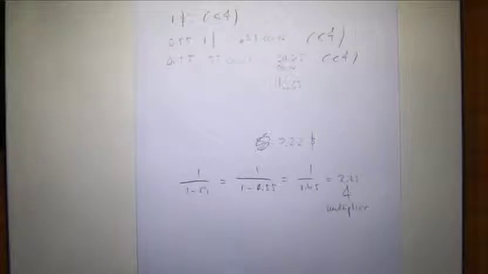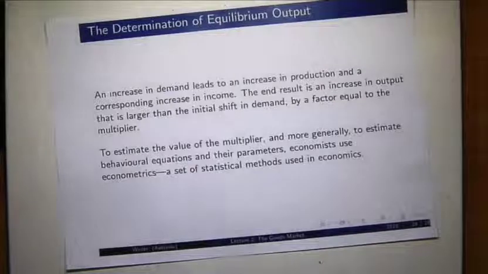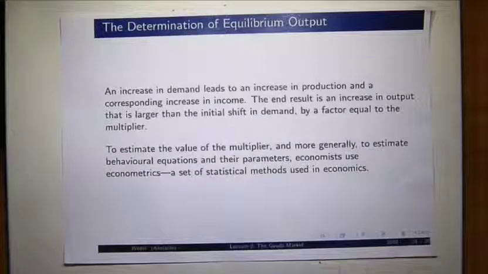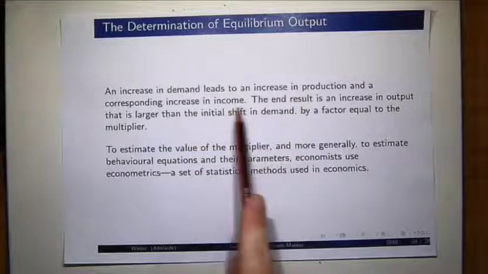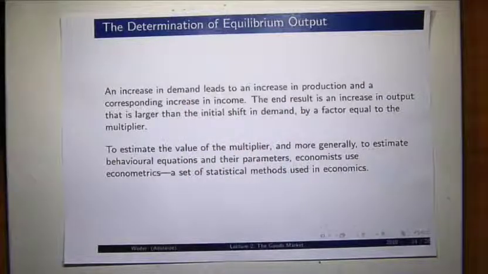Okay, so now let's talk about this. We determine output, and let me just summarize what we have here. If there's an exogenous increase in demand, we have an increase in production, and if this multiplier is greater than 1, then the increase will be greater than the initial increase in output.